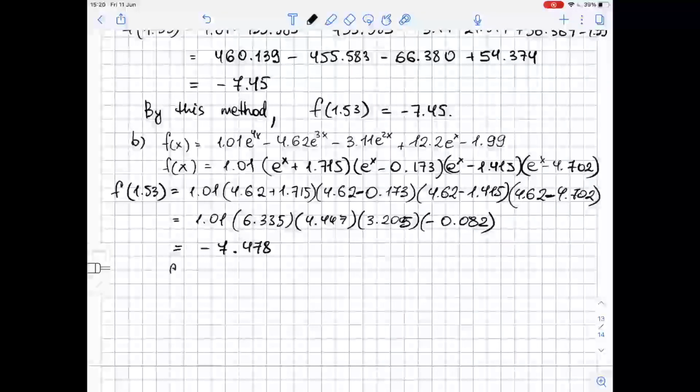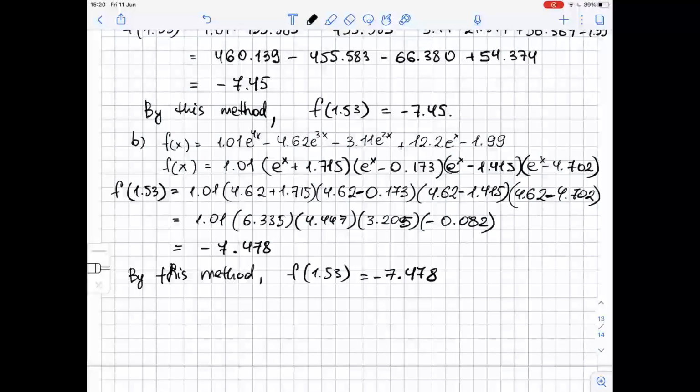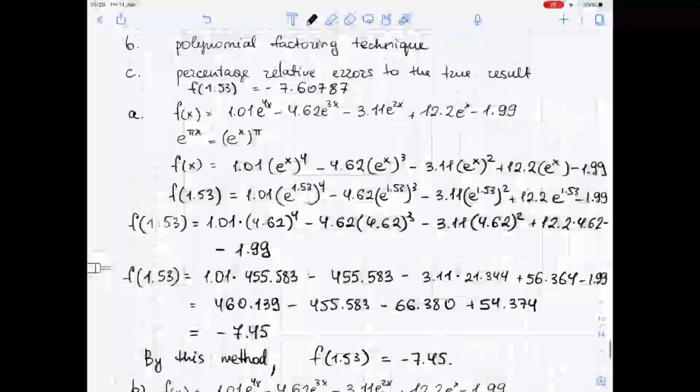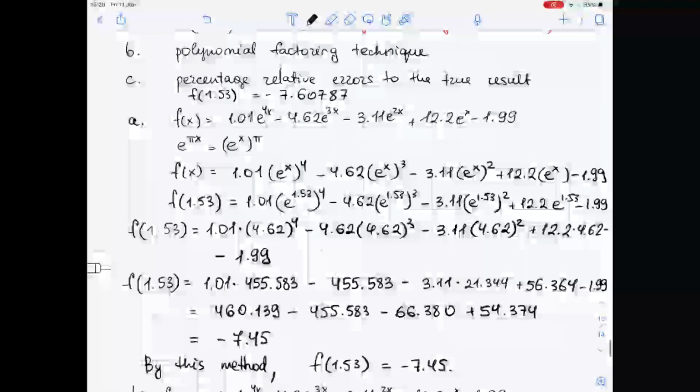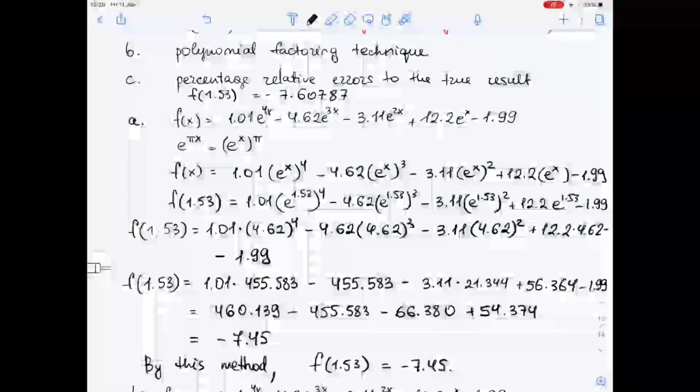So by this method, f of 1.53 equals negative 7.478.